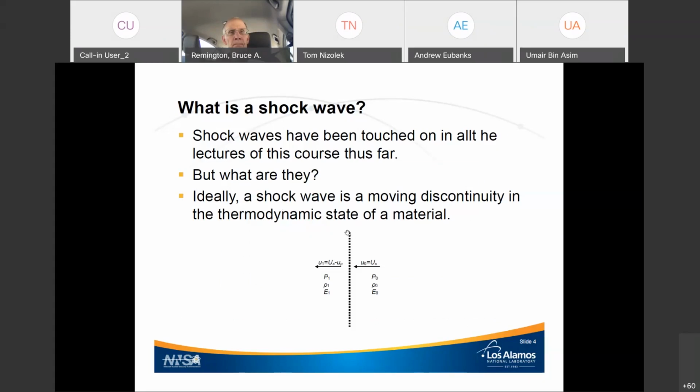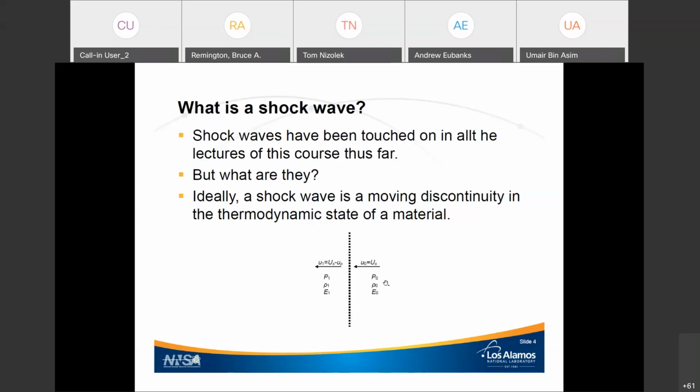If you are riding along with the shock wave, you'll see material coming in at some velocity or speed normal to the shock wave, and we'll talk about what happens when velocity is not normal. But normal to the shock wave with some velocity, which is equal to the speed of the shock wave relative to the material. And that material will be at some pressure. You will hear pressure and stress used relatively interchangeably in shock wave work, and there's a reason for that as well.